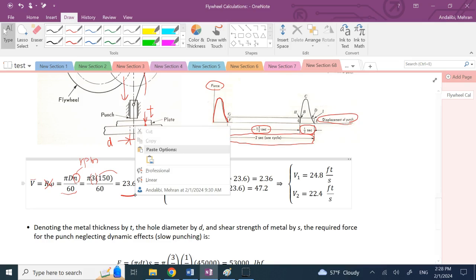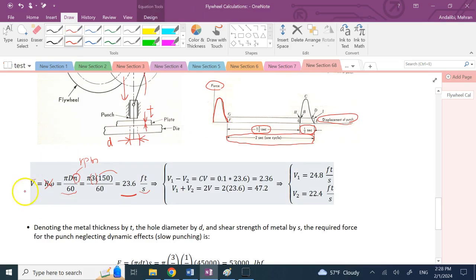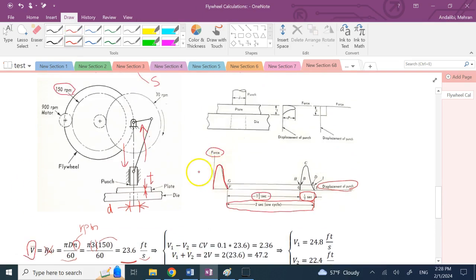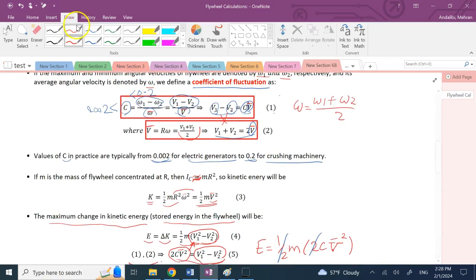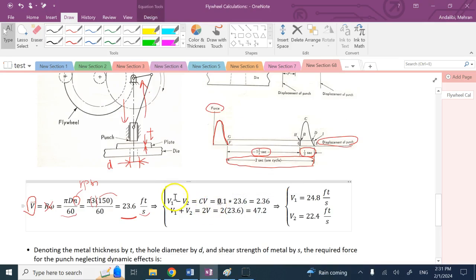Now, since I have my V and since I have my C picked, both of these calculated, V is picked, and C is picked, I go to equations 1 and 2. Now in equations 1 and 2, the right-hand sides are known. So I can come back here and solve for V1 and V2, although the problem did not really ask for it.